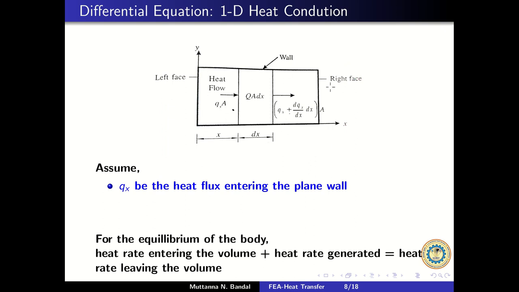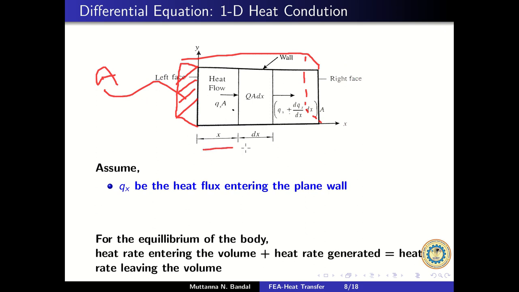Consider a cube body. This is shown in 2D; in 3D it will look something like this. So this is a wall and this is the cross-sectional area. I can say this is the area, this is the left face and this is the right face, and this is the length along which I want to study the heat transfer.